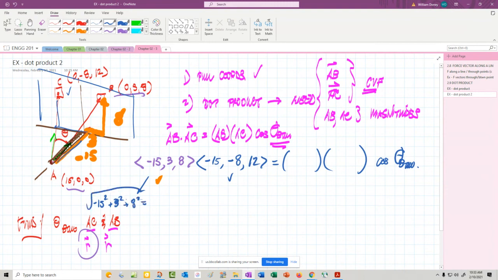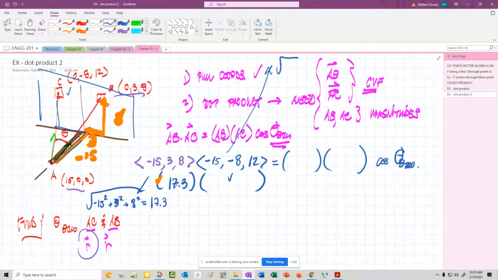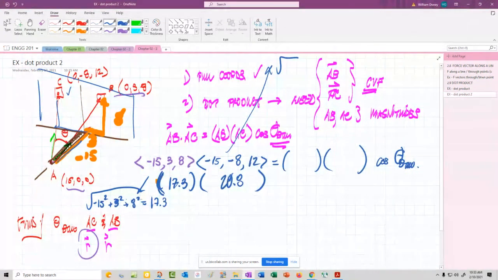That's 225 plus 9 plus 64, which is 17.3. Then for this one, same thing: square root of 15 squared, that's 225, plus 8 squared, 64, plus 144, and we get 20.8. So that's just finding the square root of the squares, kind of like Pythagorean theorem in 3D.